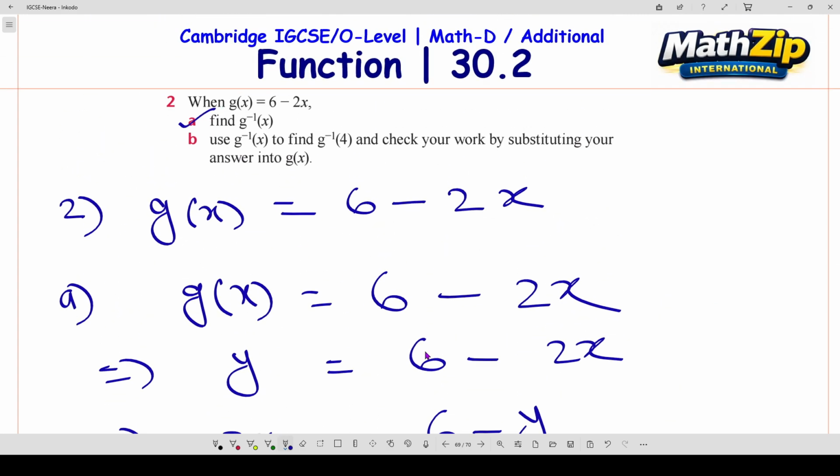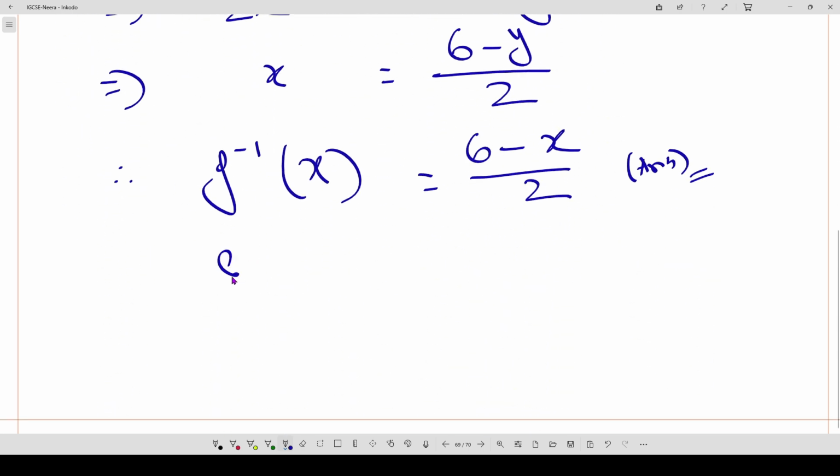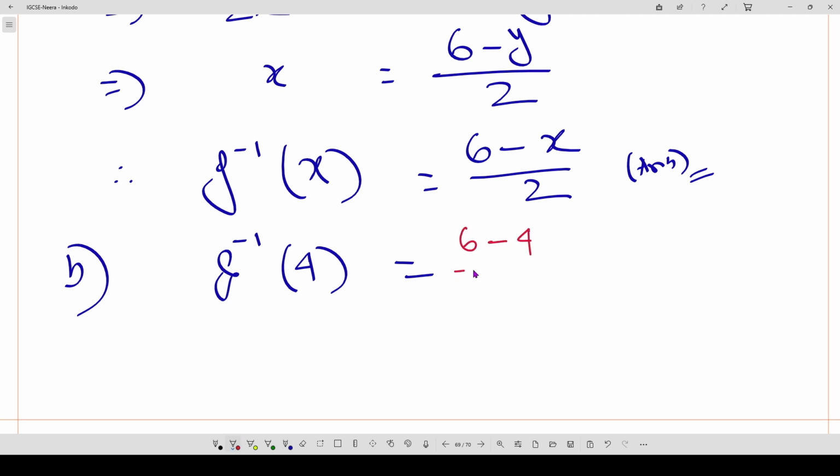Second part: use inverse g of x to find inverse g of 4, and check your work by substituting your answer into g of x. First, for part B, inverse g of 4. Here we have 6 minus x by 2, so we can write 6 minus 4 by 2.